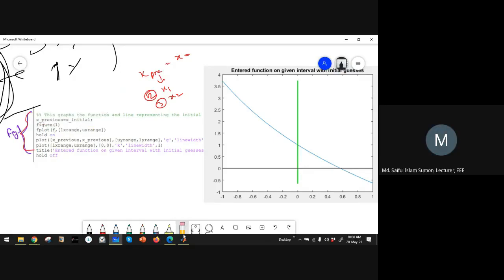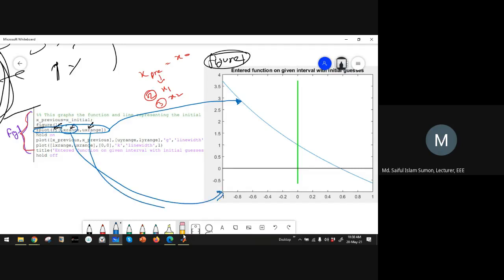Now, figure 1. What will figure 1 do? It will just make one specific figure, and it will be written there, figure 1. Then fplot will plot a function for a variable range from lower range to upper range. With the help of this line, we are simply plotting this f(x), function of x, from the lower limit of x to the upper limit of x.